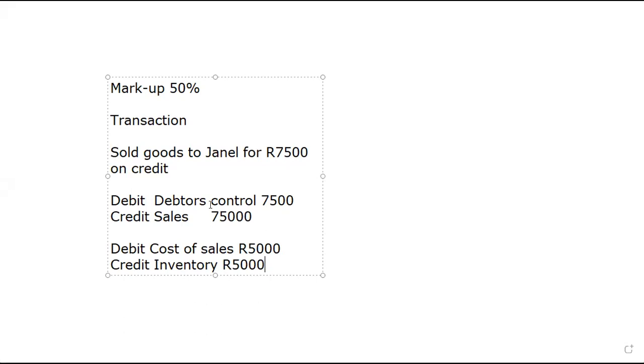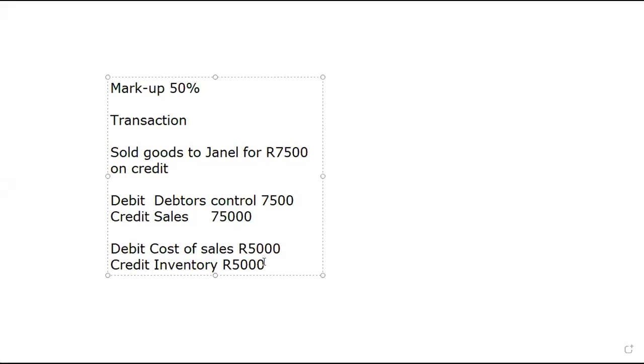Under sales and debtors control, or bank if goods were sold for cash, you will record the selling price. Here you record the cost price. What was the cost price of these goods sold to Janelle? They cost the business 5,000 and they were sold for 7,500.